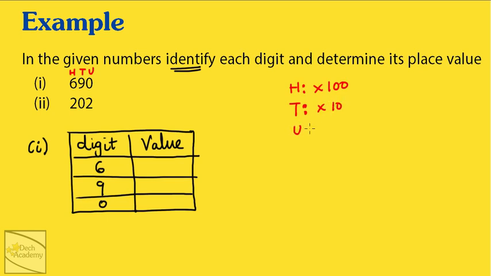For digits in the units place, you multiply by 1 to get the value, which means you don't really do anything because any number times 1 is itself. Okay, so let's find the value of 6. 6 is in the hundreds place. So multiply 6 by 100. That gives 600. 9 is in the tens place. So we multiply 9 by 10 to give a value of 90. 0 is in the units place. So 0 times 1 is 0.